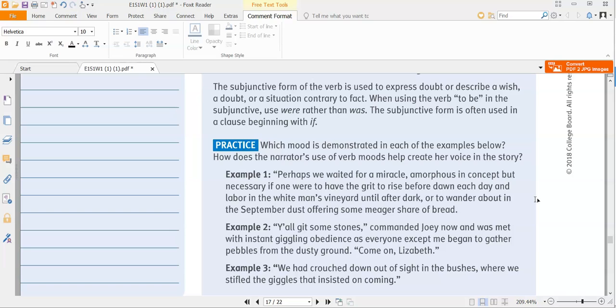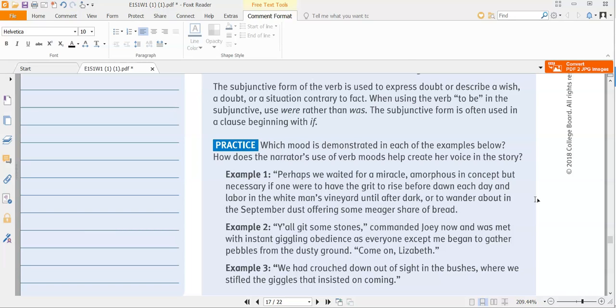So you have to look at where they say perhaps we waited for a miracle. So it's something that maybe happened. And use that to decide which of those moods you think it is.